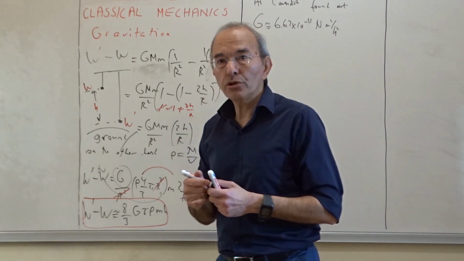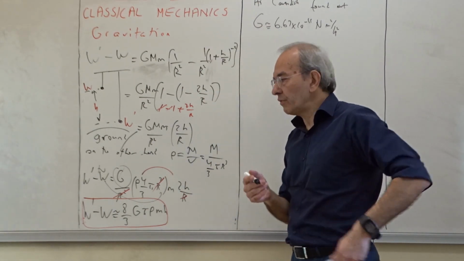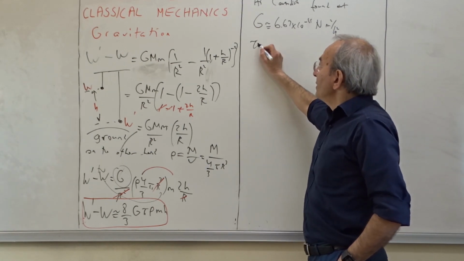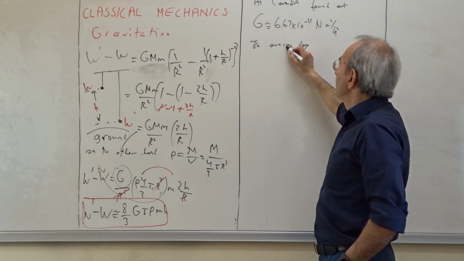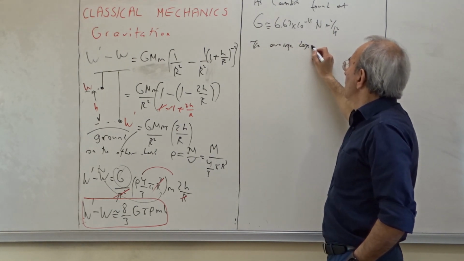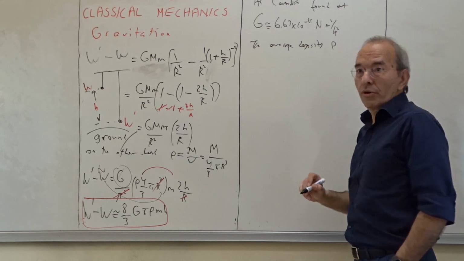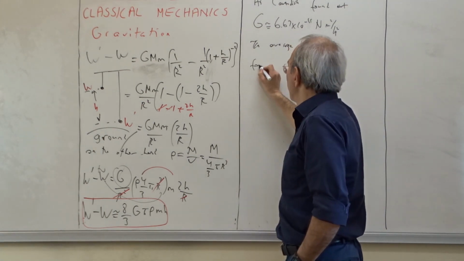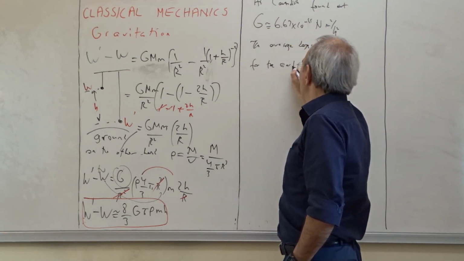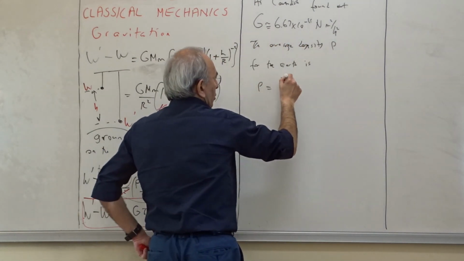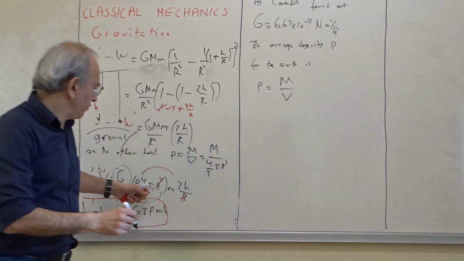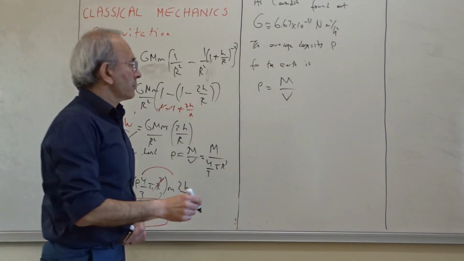According to the given data, the average density rho for the Earth is, well, rho is equal to total mass per total volume, as we have said here.